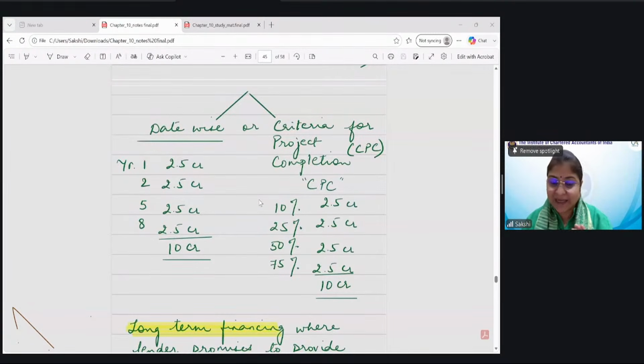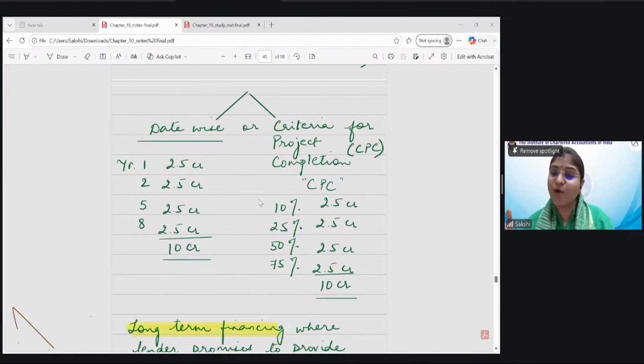Are you understanding this? And the other is your criteria for project completion. You have taken a long-term project; when 10% of the project is done, you say, sir, please give me 2.5 CR. At 25% done, again 2.5 CR. At 50%, 2.5. At 75%, again 2.5.